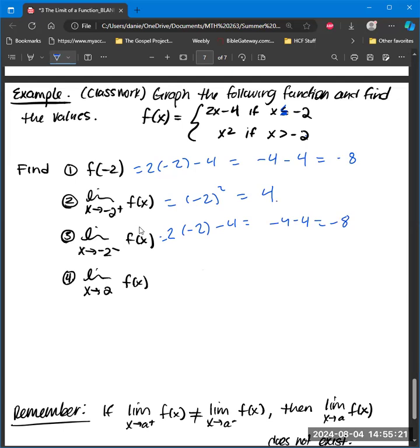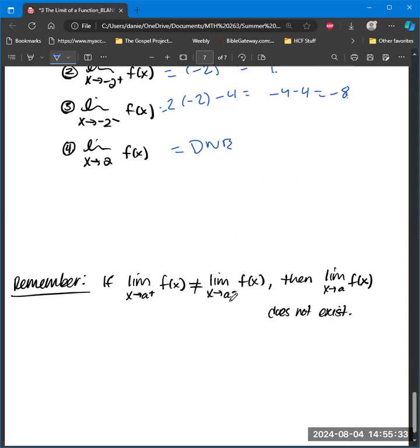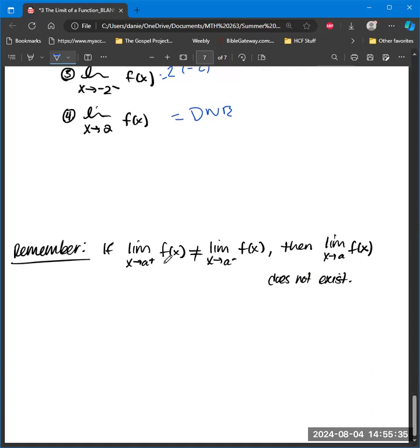So we have from the left and from the right are not equal. So this limit does not exist. Because from the left, we get towards negative 8, and from the right, we get towards positive 4. So remember, if the limit from the right does not equal the limit from the left, then the limit of the function as x approaches that a value does not exist.